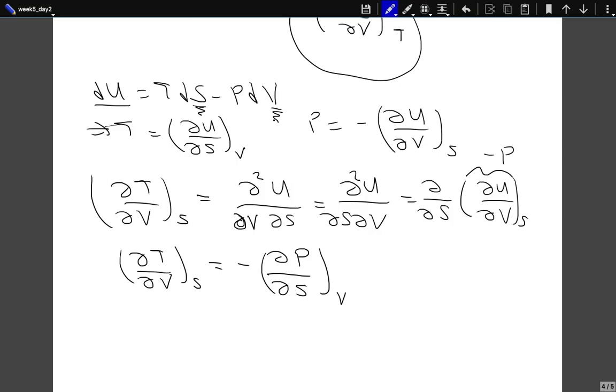So you see, when I look at dU in that equation, I'm expressing U as a function of S and V. So that's why I have all the derivatives with respect to either S or V, including in my Maxwell relation. I'm taking derivative with respect to V at constant S, or I'm taking derivative with respect to S at constant V.